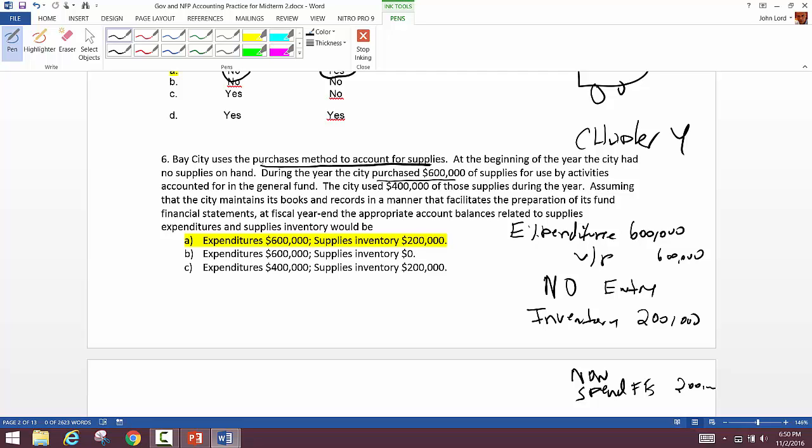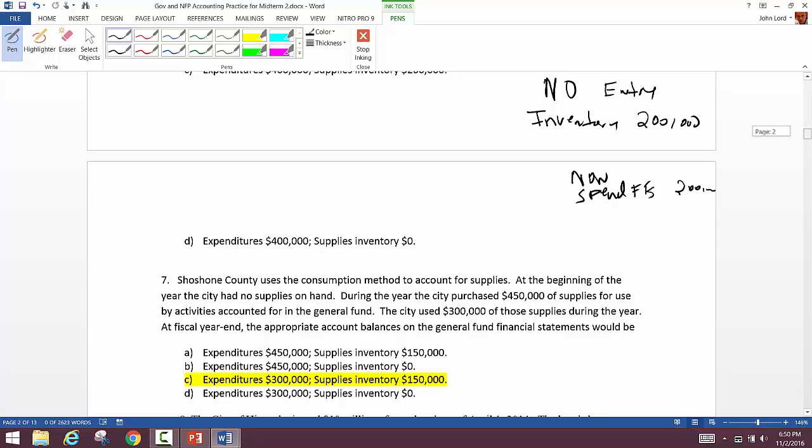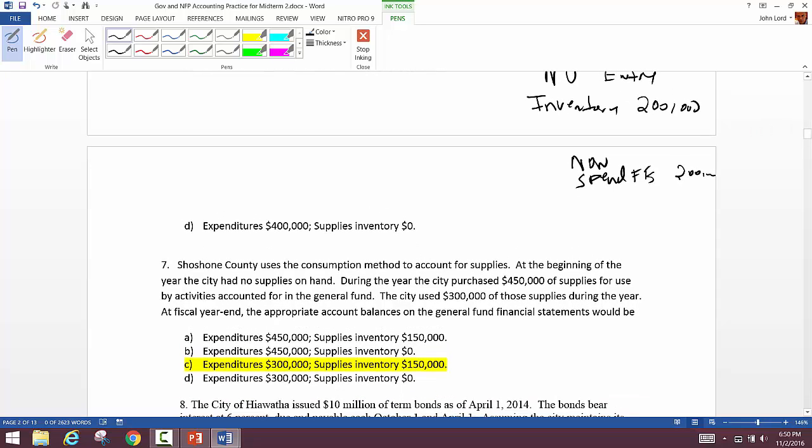Okay? Question? Okay, what if they're using the consumption method? You want to do the same facts with the consumption method before you do this next question, or you just want to jump to the next question?